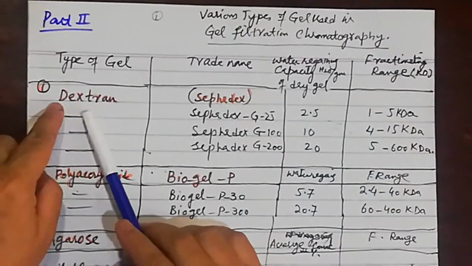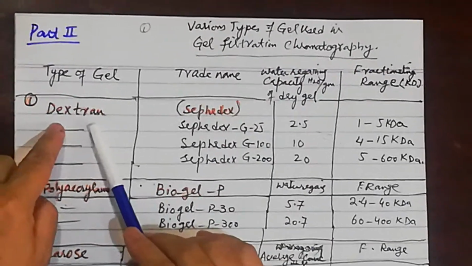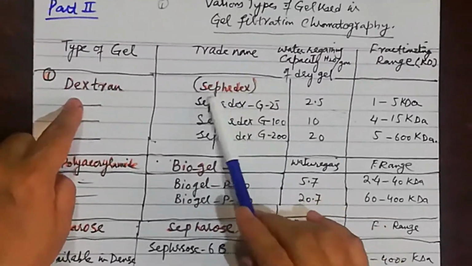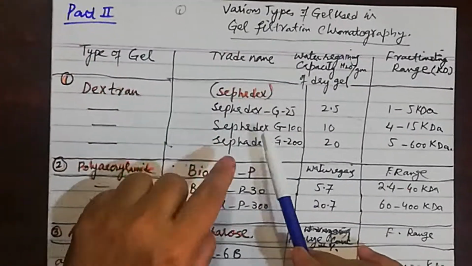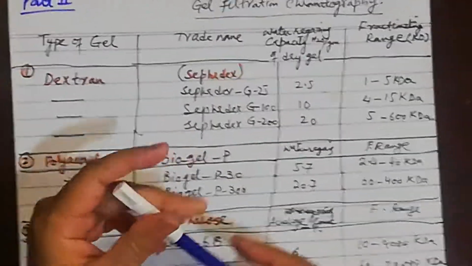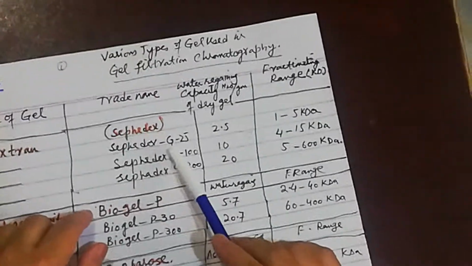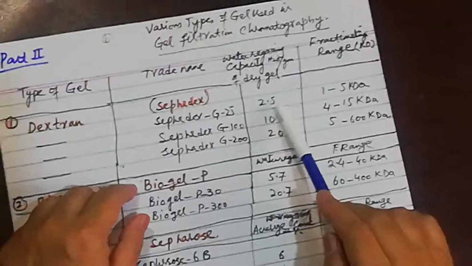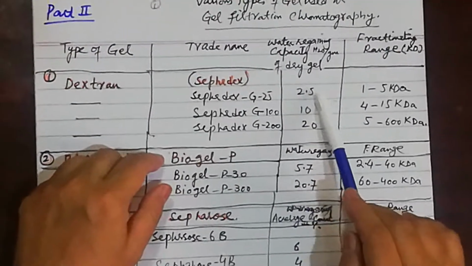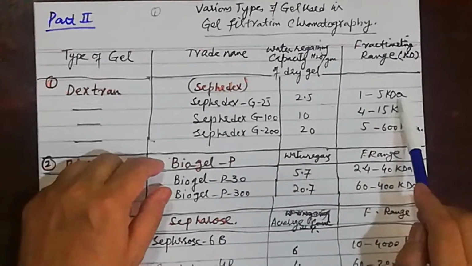The first type is dextran gel, with the trade name Sephadex, available in a variety of pore sizes denoted by different numbers. Sephadex G25 has a water regaining capacity of 2.5, absorbing 2.5 ml water per gram of gel, and a fractionating range of 1 to 5 kDa.